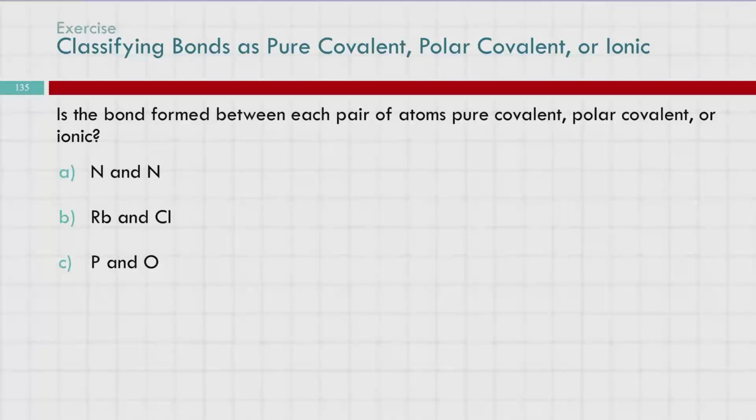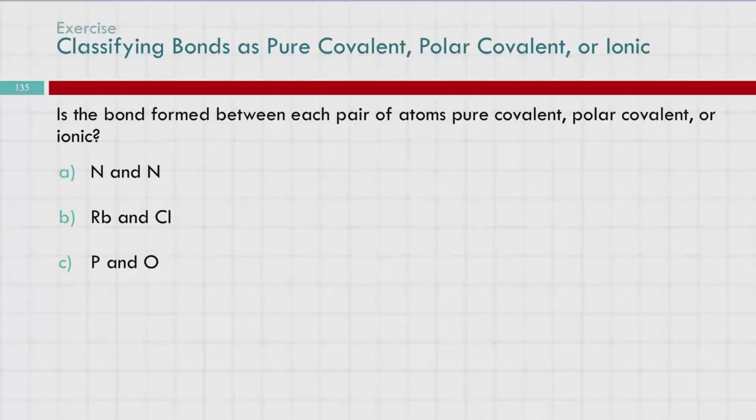To be able to classify these bonds, we need to know their electronegativity values. Our yellow sheet is a great resource for that. On an exam, you'll be given electronegativity values for them if I think that you need to know them. Sometimes I won't give them to you because I want to test you on a concept without the numbers.